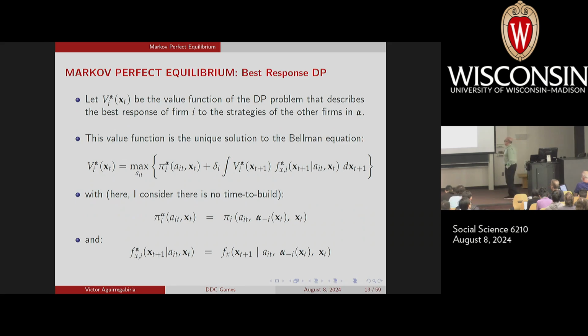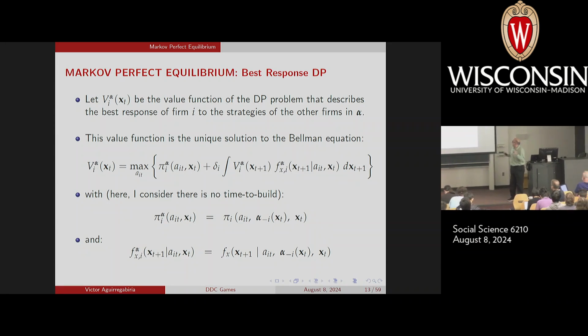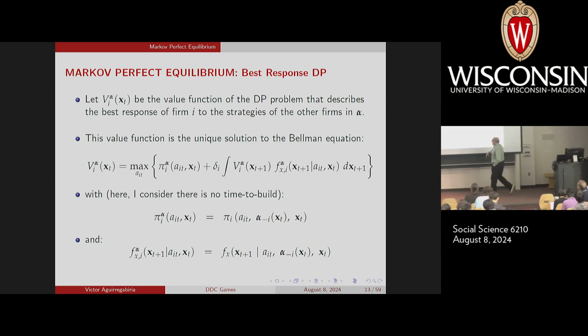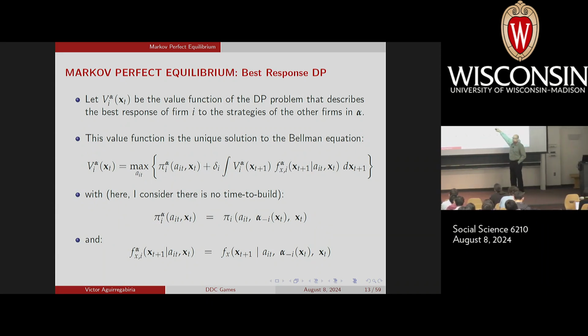Okay, then, given a vector of players' strategies, a vector alpha with the strategy functions of all the players that depend only on payoff relevant state variables, I can define this profit function that now only depends on my action because I have solved here the strategies of the competitors.